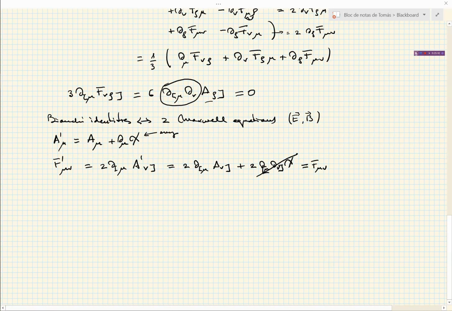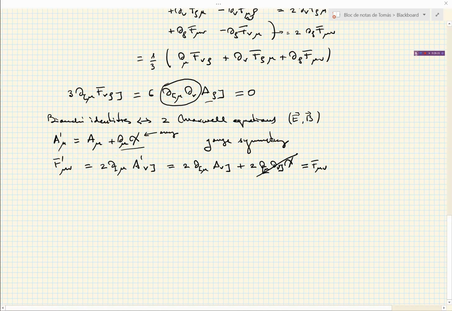So this leaves invariant the field strength, and because this transformation depends on an arbitrary function, not a constant, or some fixed function, this is a gauge symmetry. This is the gauge symmetry of the electromagnetic field. This is a gauge symmetry that makes redundant two of the degrees of freedom, but then we can safely work with the full A_mu, as long as we preserve this gauge symmetry.